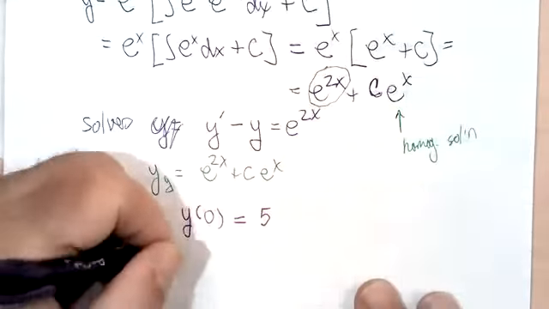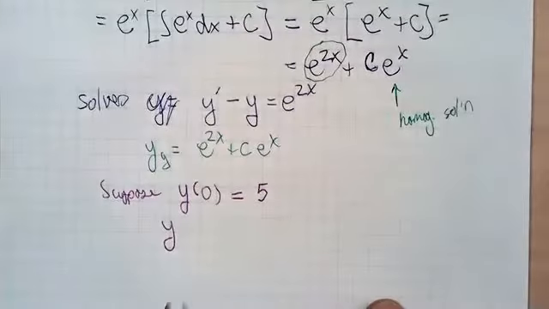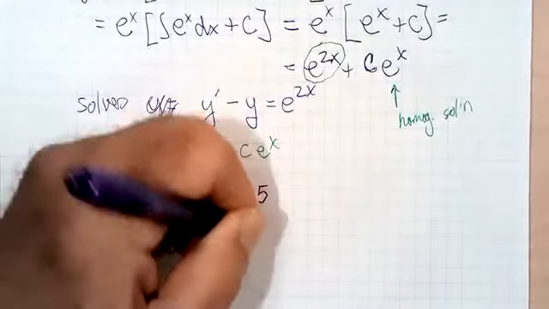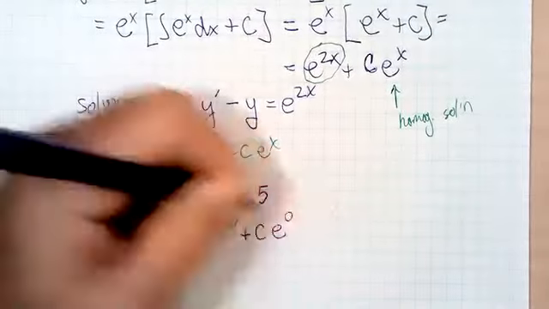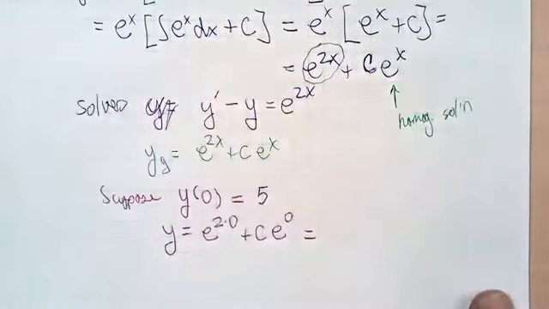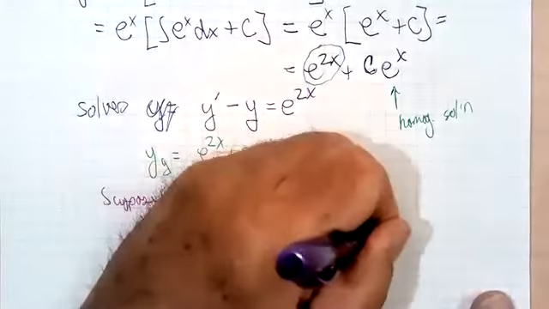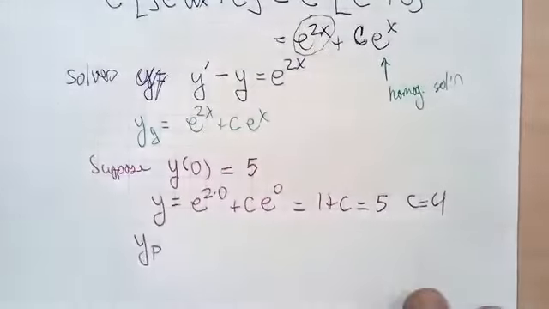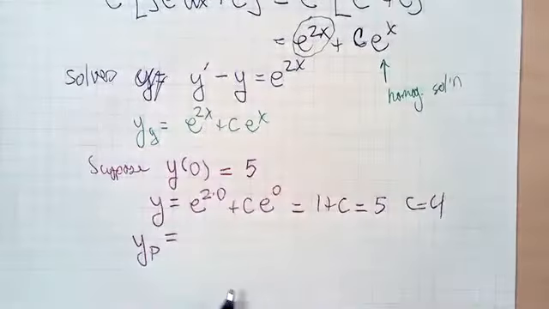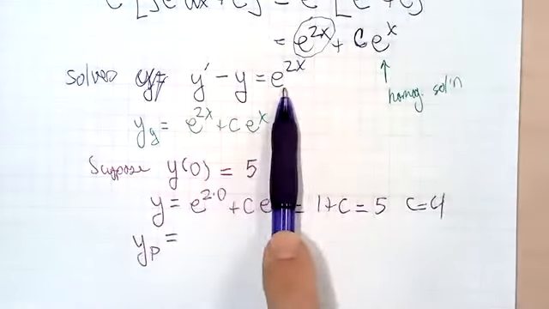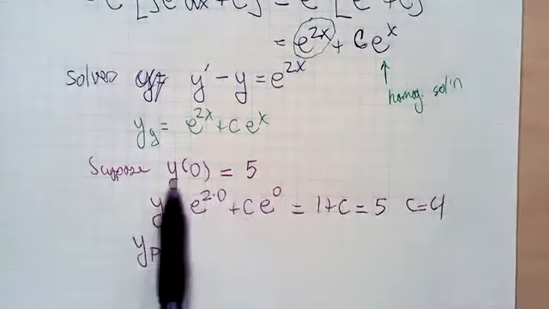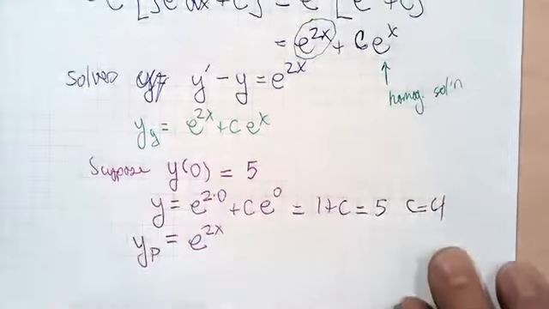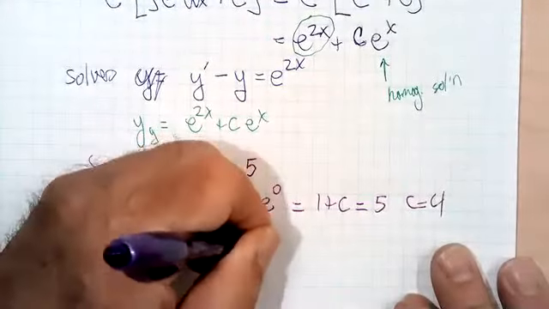Well, then you would plug the 0 into this general solution. You'd have e to the 2 times 0 plus c e to the 0. E to the 0 is 1, so that's 1 plus c equals 5, so c must be equal to 4. And therefore, the particular solution, the solution that satisfies the original differential equation and meets the initial condition, is e to the 2x plus 4 e to the x.